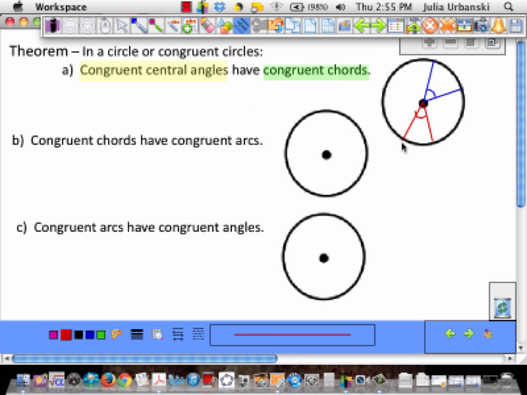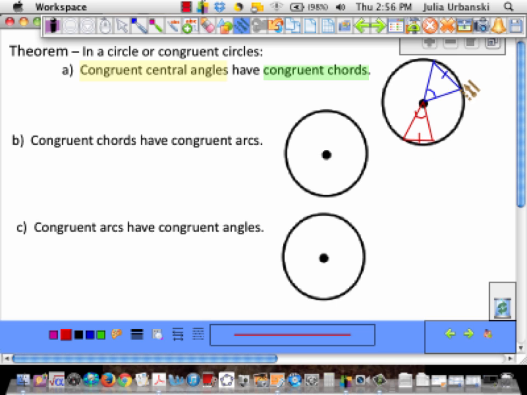So this chord right here, from this end of the angle to this end of the angle, would be equal to this chord within this angle. The chord is a segment that has both endpoints on the circle. So this chord right here in blue is going to be equal to this one in red.